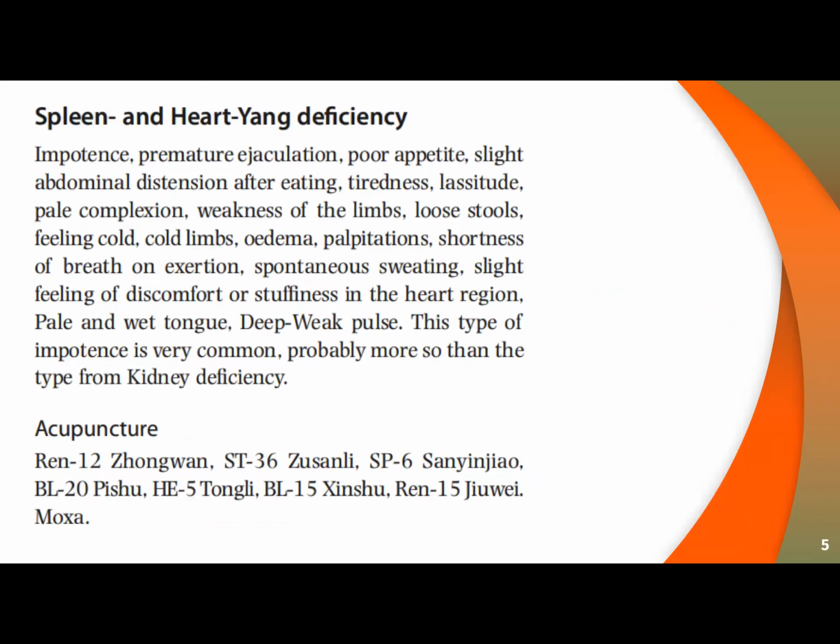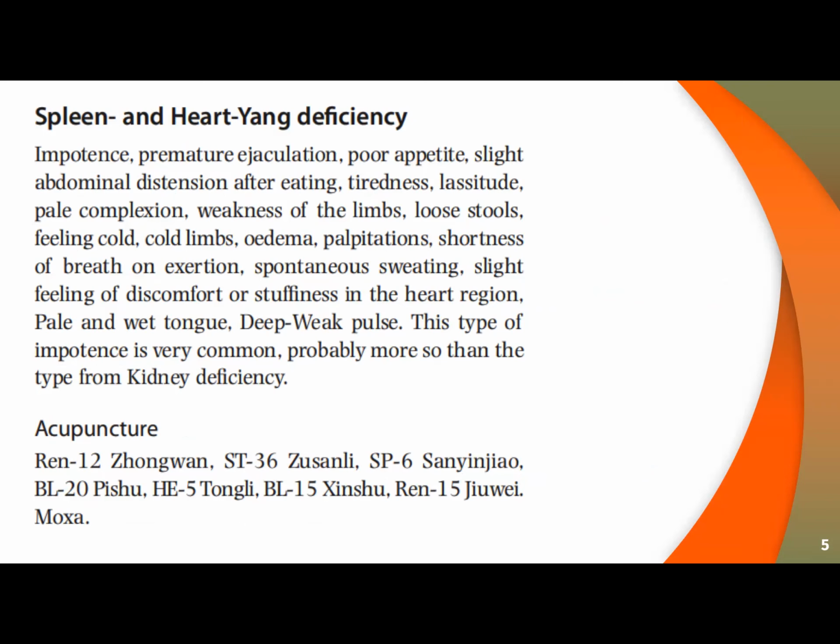Spleen and heart yang deficiency: impotence, premature ejaculation, poor appetite, slight abdominal distension after eating, tiredness, lassitude, pale complexion, weakness of the limbs, loose stools, feeling cold, cold limbs, edema, palpitations, shortness of breath on exertion, spontaneous sweating, slight feeling of discomfort or stuffiness in the heart region.